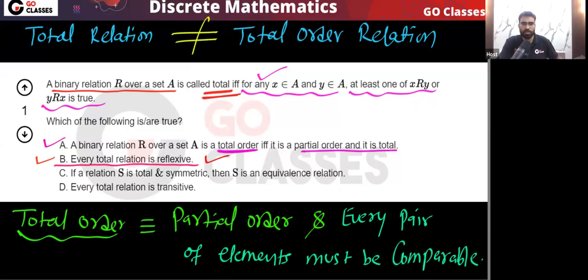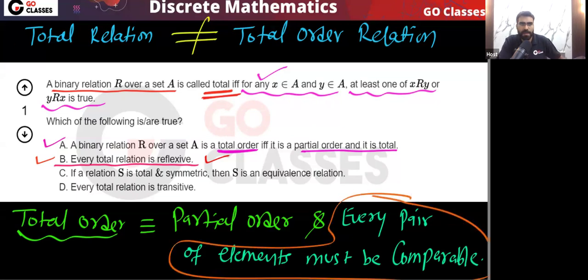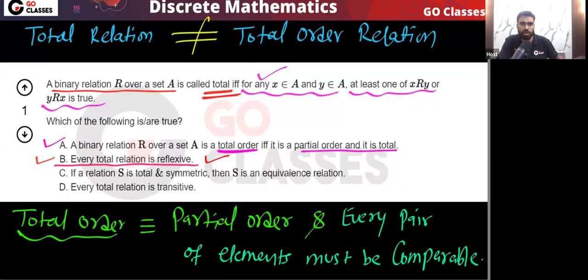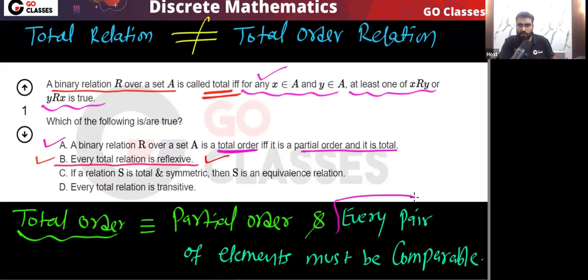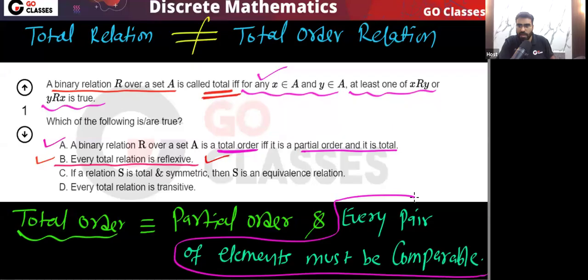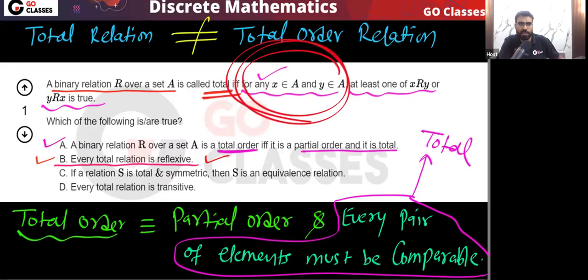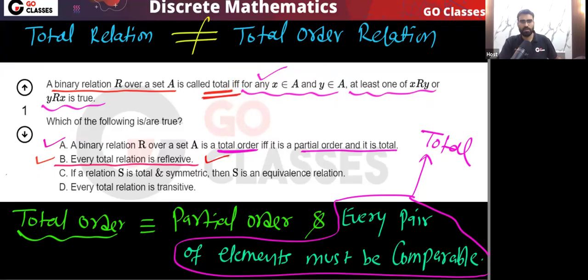Yes or no? Every pair of elements is comparable. That is the definition of total as well. In total also we are saying the same thing, that for every pair they must be comparable. So finally I can say total order means partial order and every pair of elements is comparable.